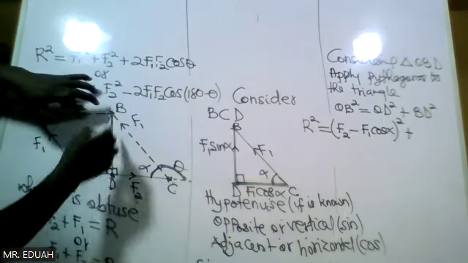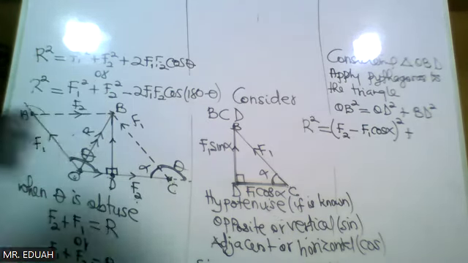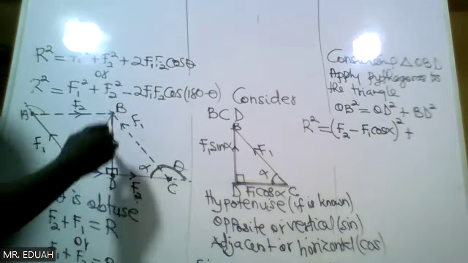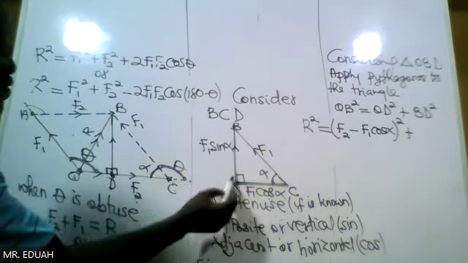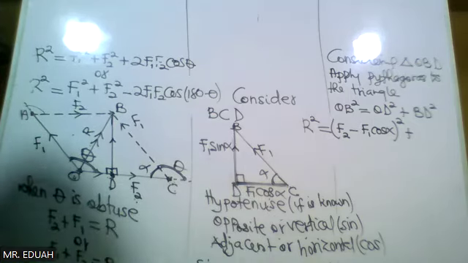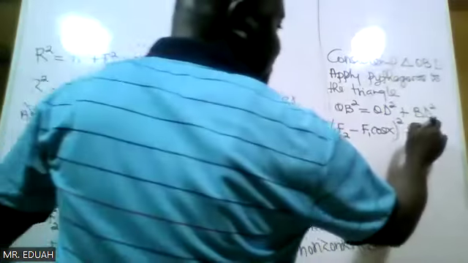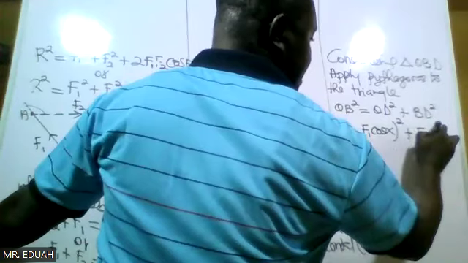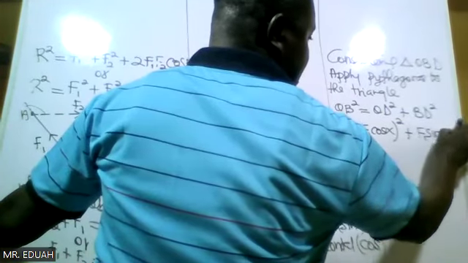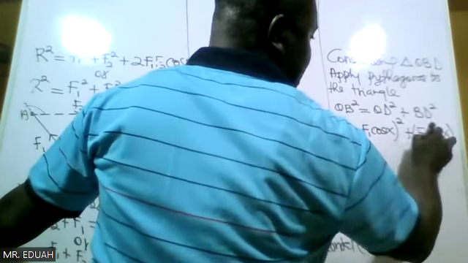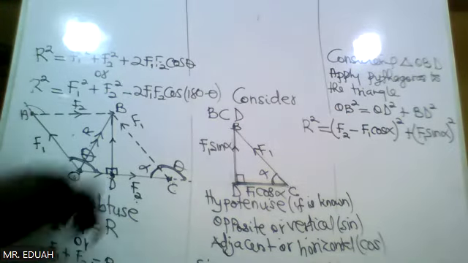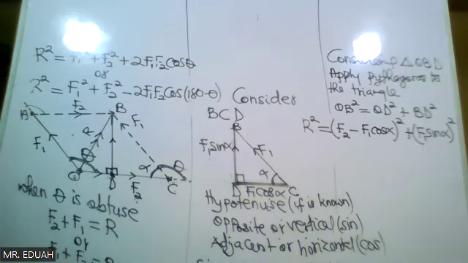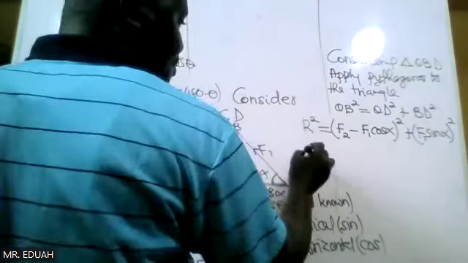BD, that is what I found: F1 sine alpha. BD is the same as the opposite side of this triangle. So F1 sine alpha, this squared. Good. Now, let's expand, because the expansion is all that we need to prove our point.